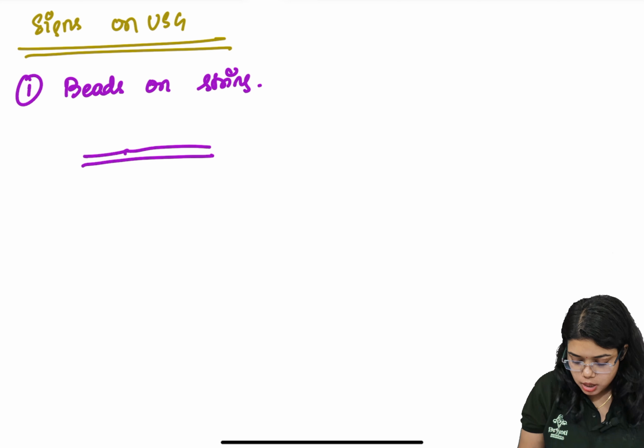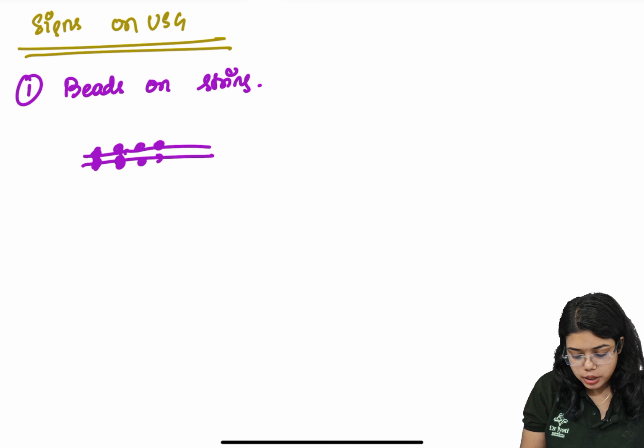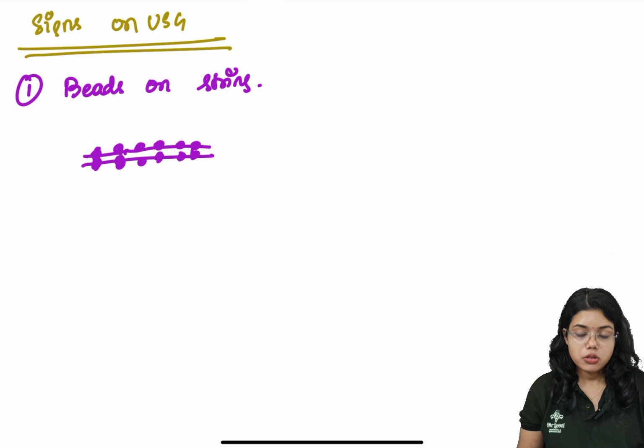What happens? Due to repeated inflammation and resolution, there forms fibrosis at regular intervals of the fallopian tube, blocking the lumen. So how does it appear? It appears as beads on string.